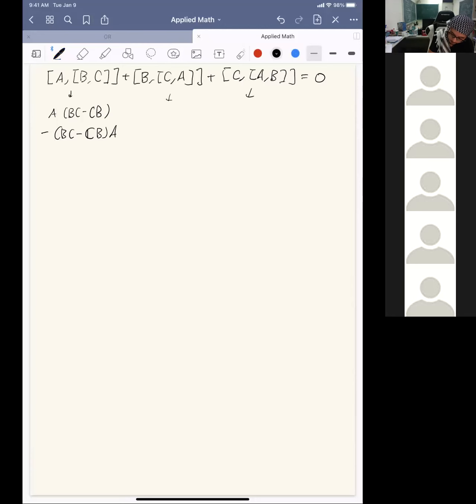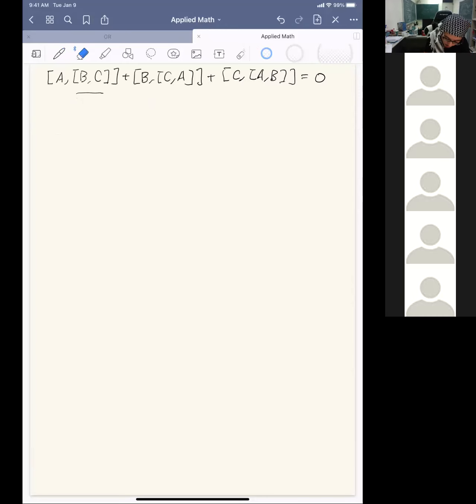Okay. So this is an identity of your commutator. So if something is defined through a commutator, then it has to satisfy this identity. So our structure constant is defined through the commutator of our generators. Therefore, our structure constant must reflect this identity.